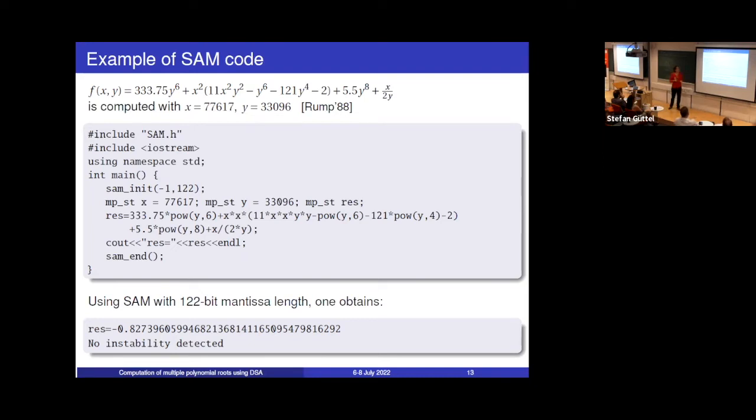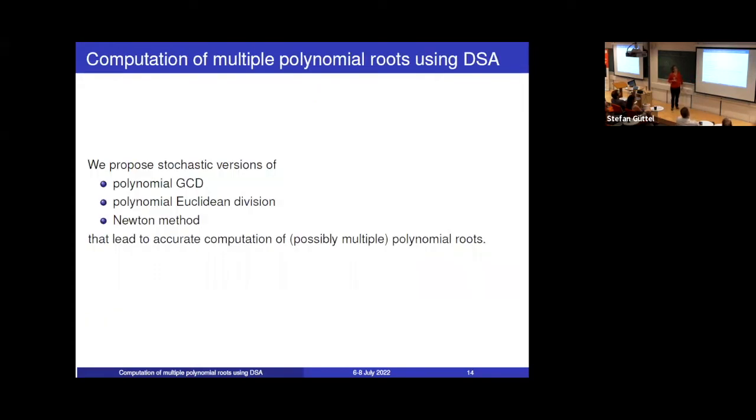Okay, and by the way, if we take a shorter mantissa length, we have no correct digits anymore in this expression. So now we go back to the computation of polynomial roots. So we propose stochastic versions of the polynomial GCD, the polynomial Euclidean division, and Newton method that will lead to accurate computation of possibly multiple polynomial roots.